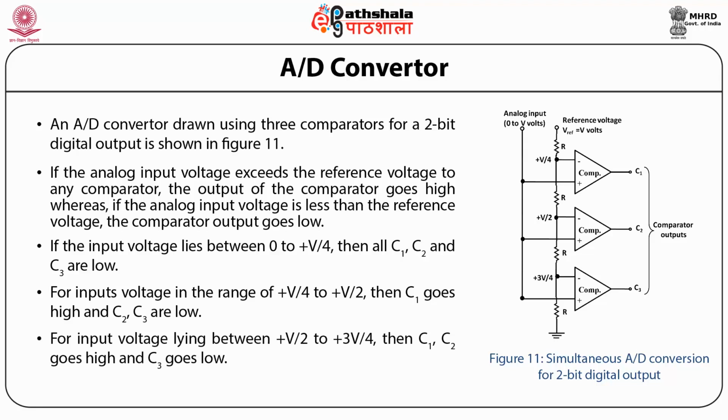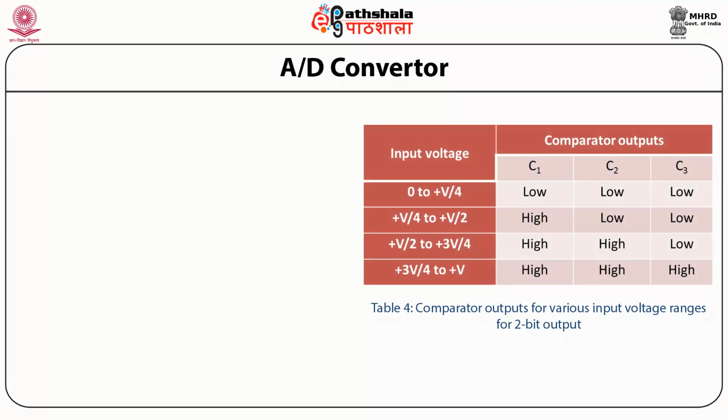For input voltage lying between plus V by 2 to plus 3V by 4, C1 and C2 go high and C3 goes low. For voltages greater than plus 3V by 4, all C1, C2, C3 are high. The comparator outputs for various ranges of input voltage are summarized in the table below.